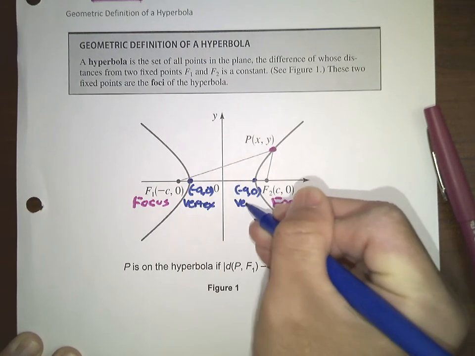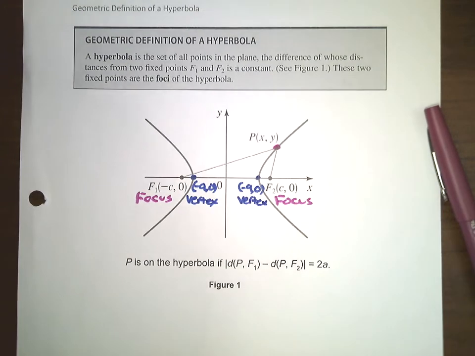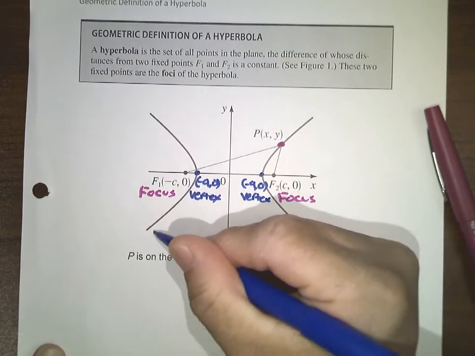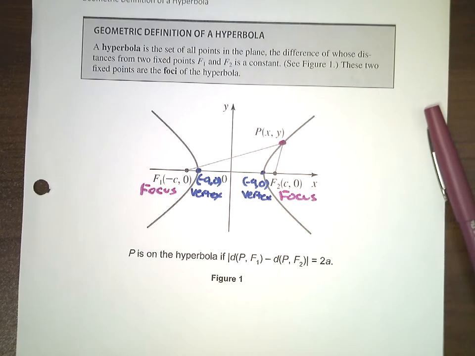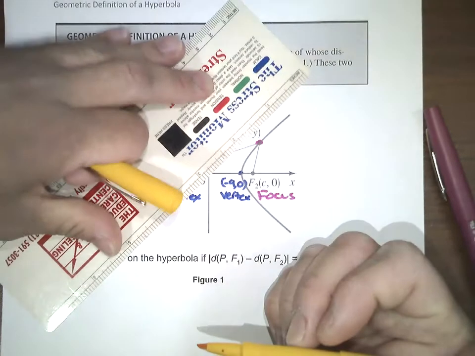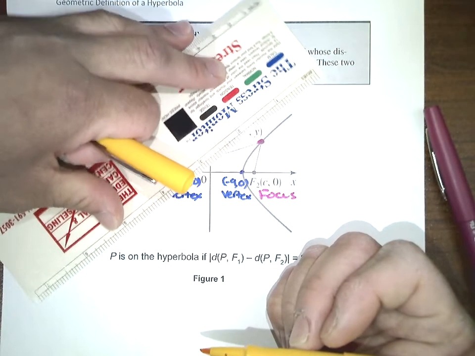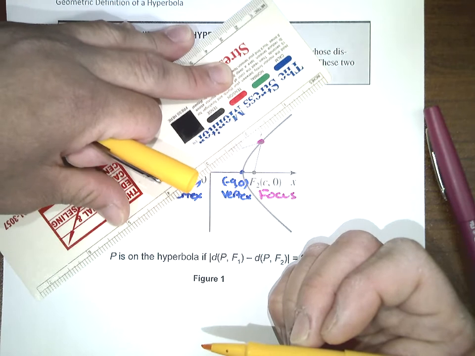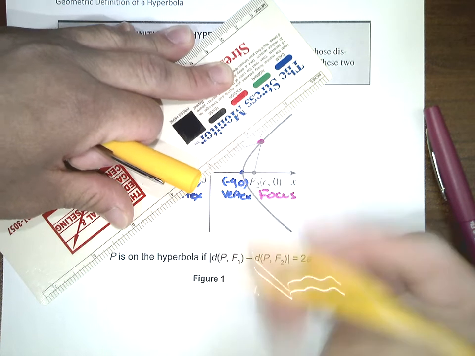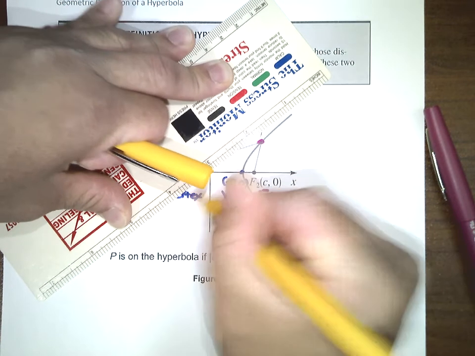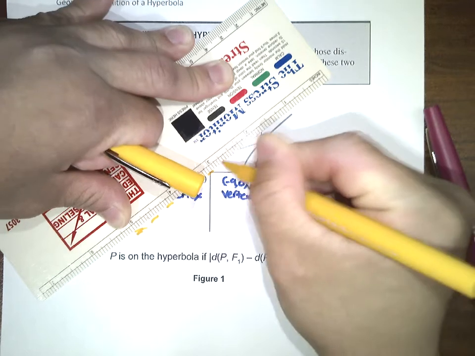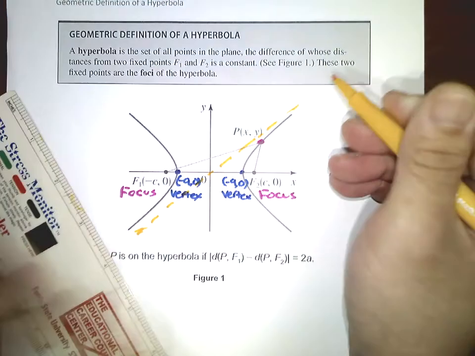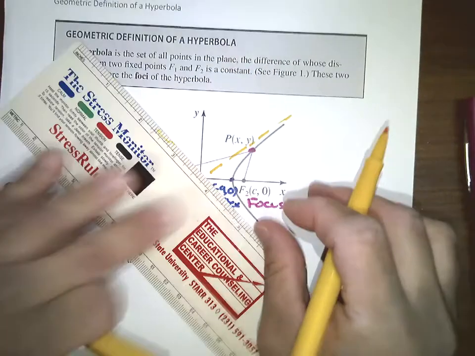and that is a vertex, and that is a vertex. And then you can see that you have a line going through the origin, and I'll try to draw this so that you can see it here. So this is going to be one of the asymptotes, and this is going to be one of the other asymptotes, like this.